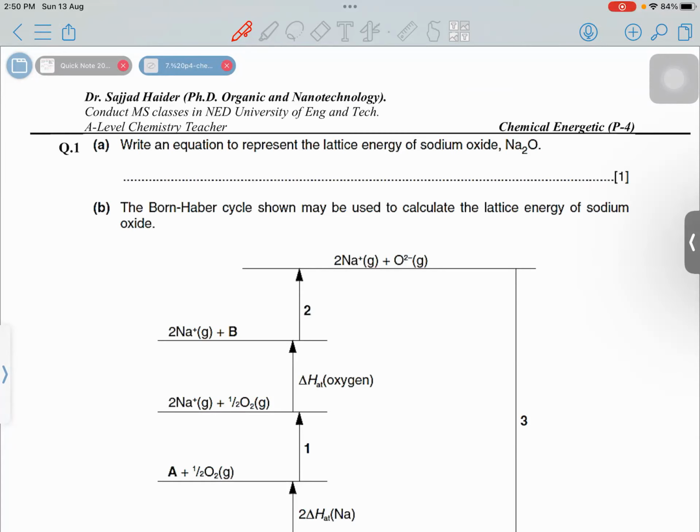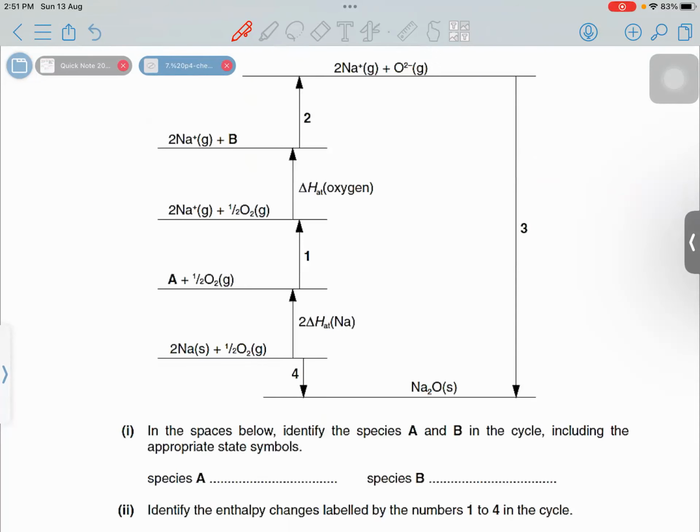Sir, 2Na plus gaseous plus O2 minus gaseous gives Na2O solid. Very good.